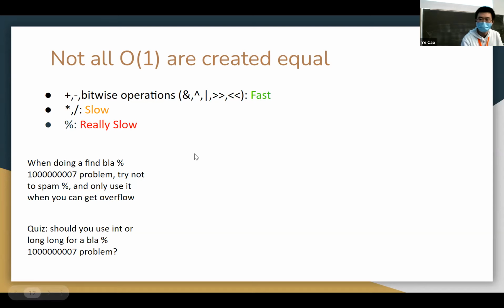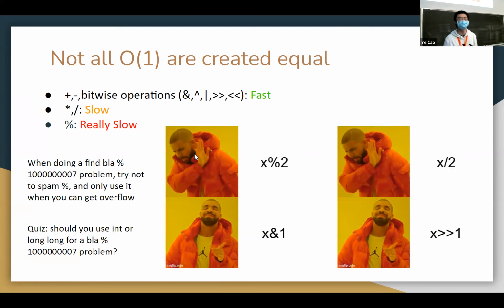And here are what I call two useful bitwise operation tricks. Yes? I want to point out that if there are only 7 zeros, it's still a prime. I mean, 10 to the 7 plus 7 is still a prime. Oh okay, some problem descriptions use this prime instead of the classic prime. Yes. So that's a really interesting point, and it is a topic for a more experienced competitive programmer.